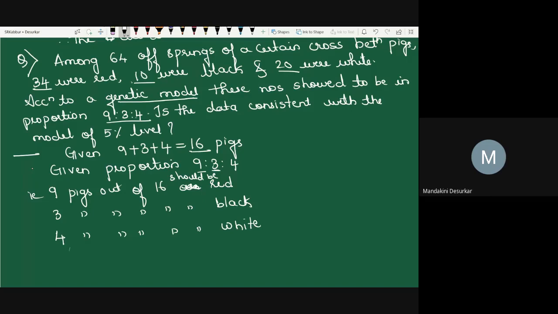Observed is already given: 34, 10 and 20. The complete problem is about the data with respect to the color of the pigs.